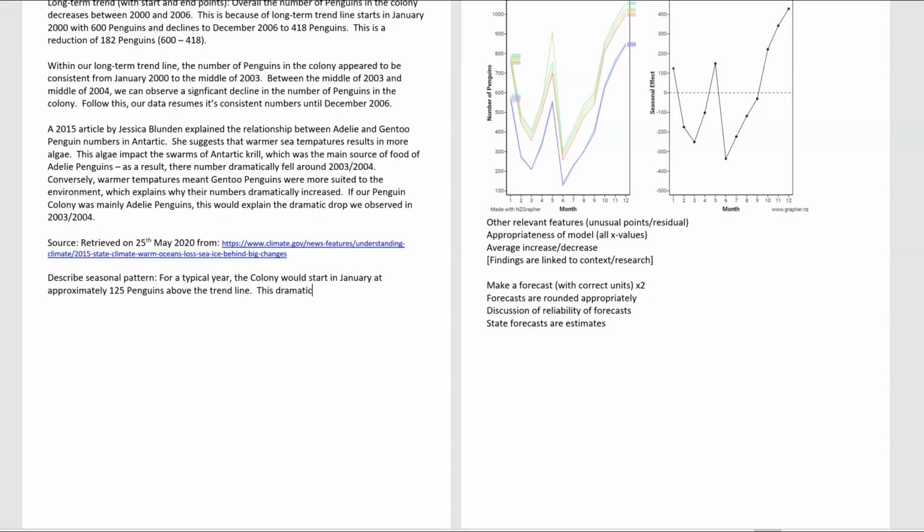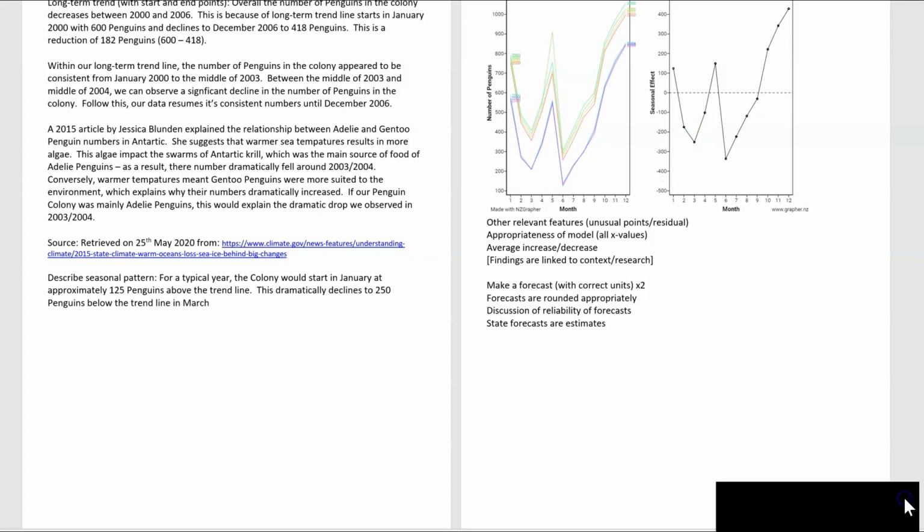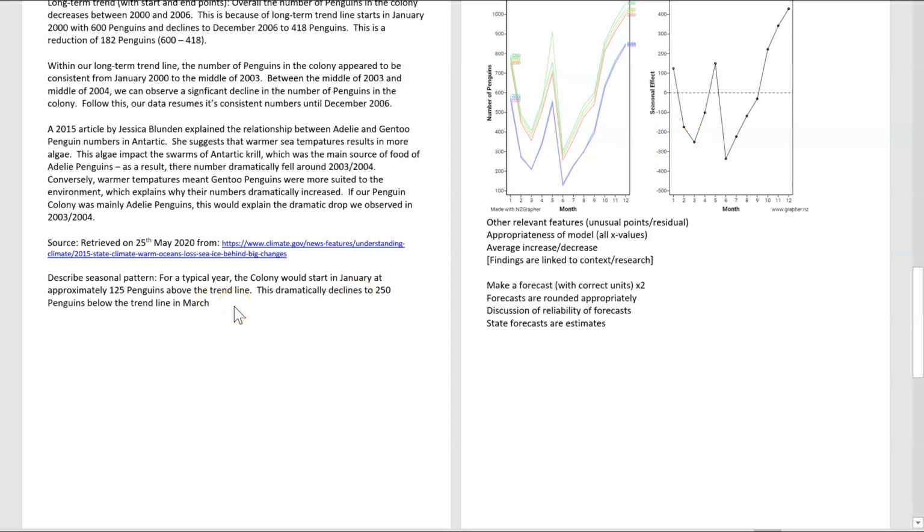This dramatically declines to 250 penguins below the trend line in March. So just observing, I did skip February, and that's because I don't really want that key point there.